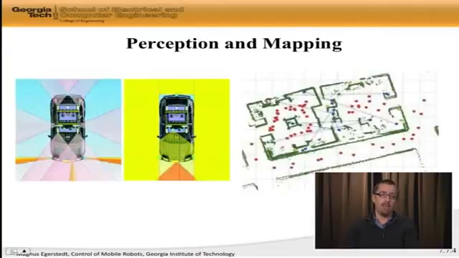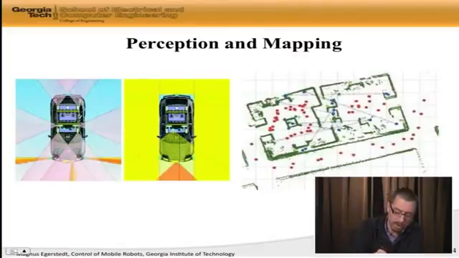Another thing that we didn't do much with is perception and mapping. We had infrared or ultrasonic range sensors, but a lot of times we have laser scanners, we have cameras. We did not deal with complicated sensing modalities, and we did also not deal with, okay, what do we do with all these sensor data? How do we actually produce maps of the world?